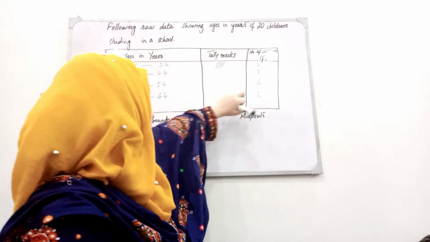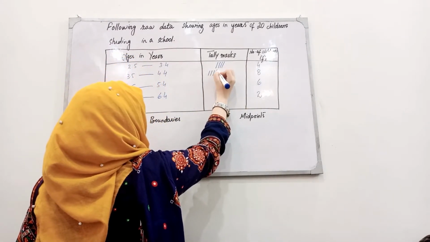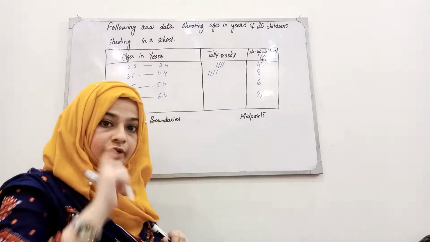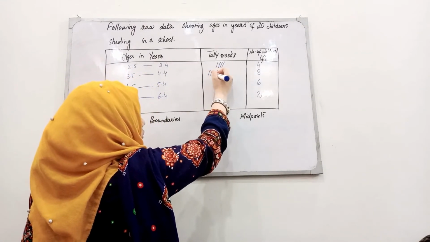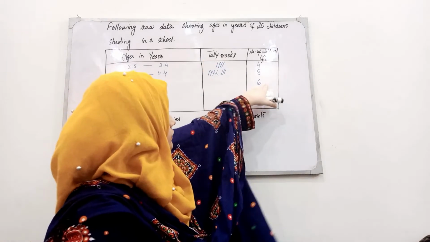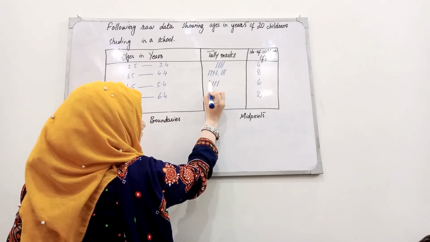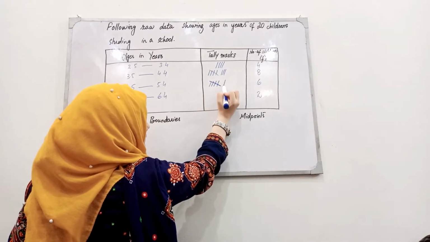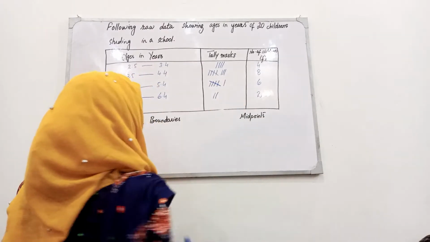Now 8 frequencies: 1, 2, 3, 4, and the fifth frequency will cut these 4 frequencies, then 6, 7, 8. Then 6 frequencies: 1, 2, 3, 4, the 5 will cut, and the 6. Then 2 frequencies: 1 and 2.